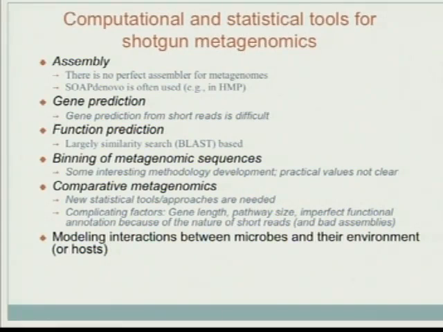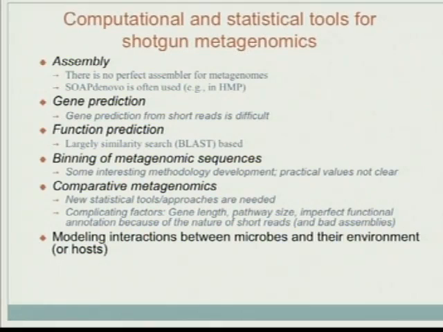But definitely, just like what you do with a single genome sequencing project, you want to assemble them. Ideally, you want to assemble them into individual genomes. Like if I have 10 genomes, 10 species in one sample, ideally, I want to get 10 genomes. But usually, you cannot do that.